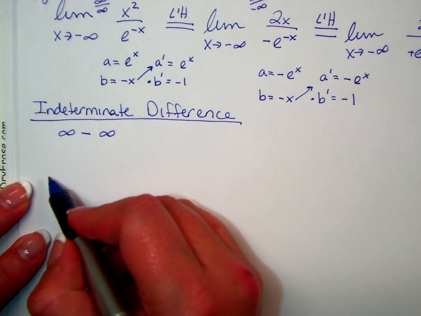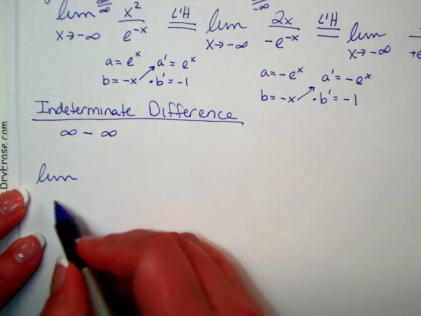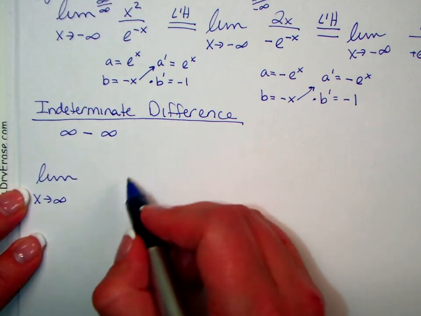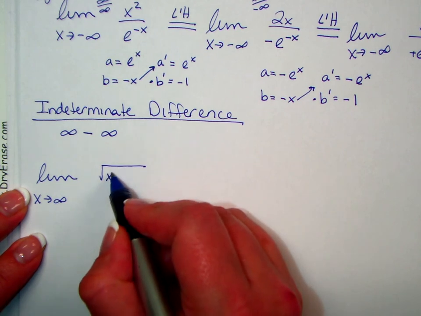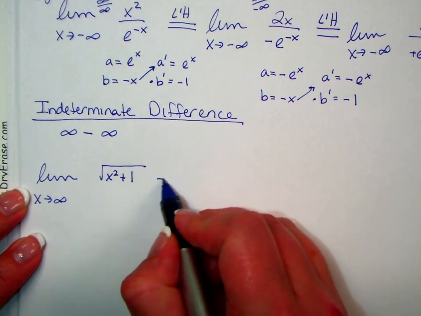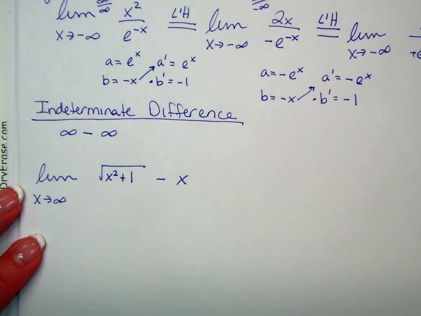So we're going to do the limit as x goes to infinity of the square root of x squared plus 1 minus x.